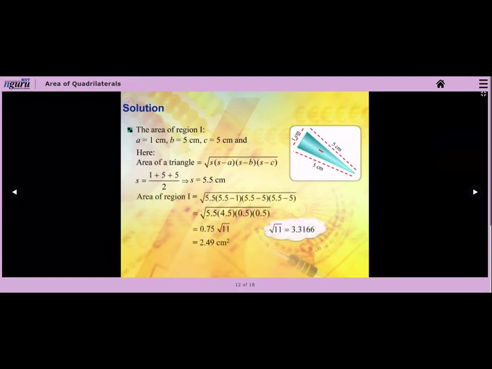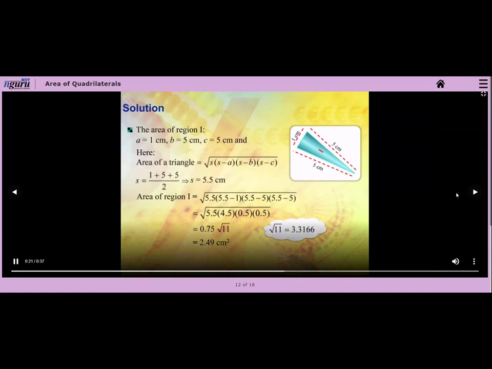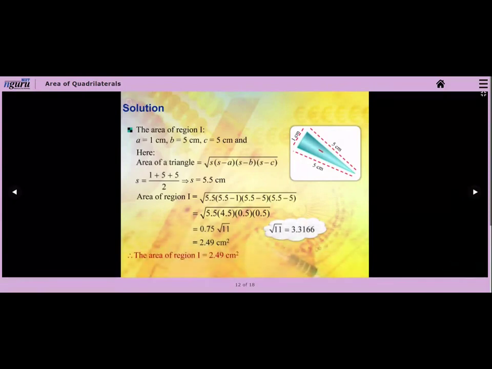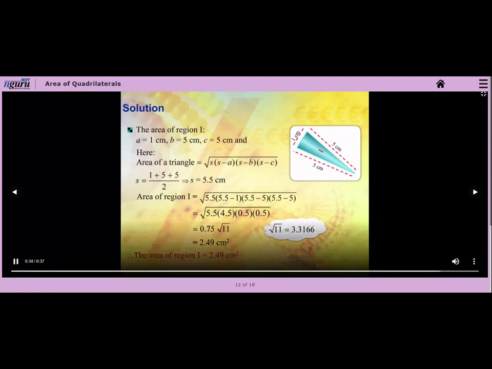The sides of the triangle are 1 centimeter, 5 centimeters, 5 centimeters, and the semi-perimeter of the triangle is 5.5 centimeters. Substituting these values in Heron's formula and solving, we get the area of region 1 as 2.49 square centimeters.